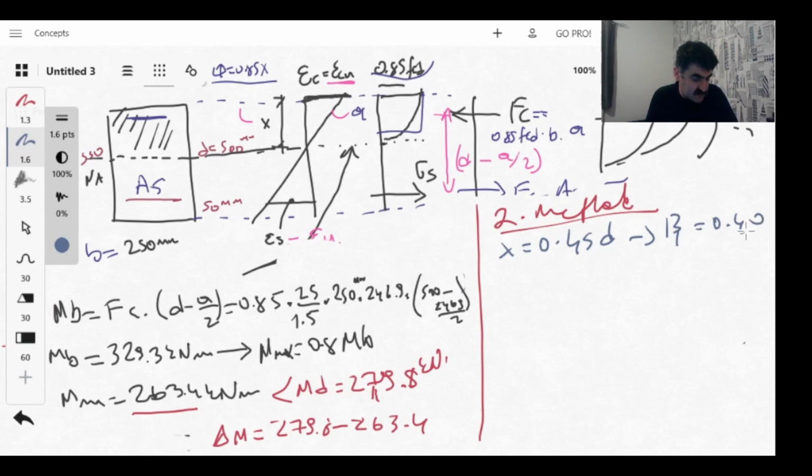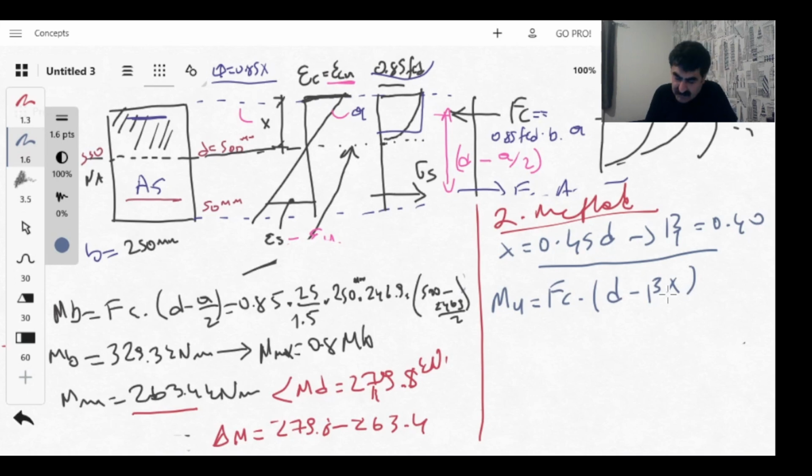These two values ensure an under-reinforced section for ductile behavior. From this we can calculate the ultimate maximum moment equal to Fc multiplied by d minus beta x.